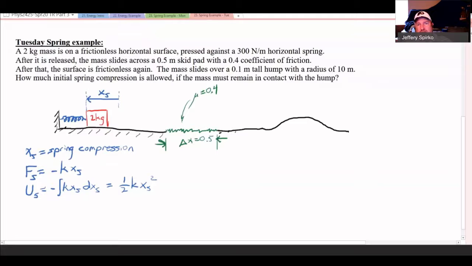So our surface is now back to its smooth, frictionless self. There is a radius, and then there is a height equals 0.1 meters. And the radius is 10.0 meters.